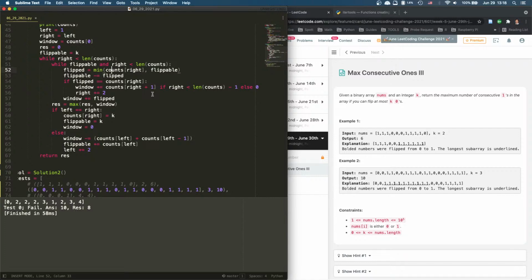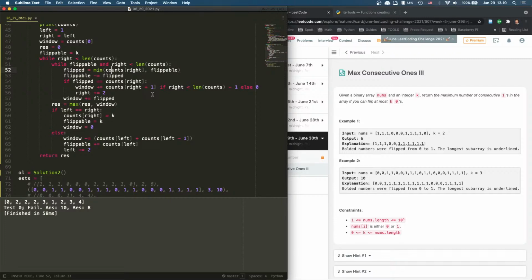Window now is 2 because we add 2. And right comes to here, and window plus equal to counts right plus 1, counts 2, and then window plus equal to flip, so 4, right? We actually have 4. Now the window is 4.